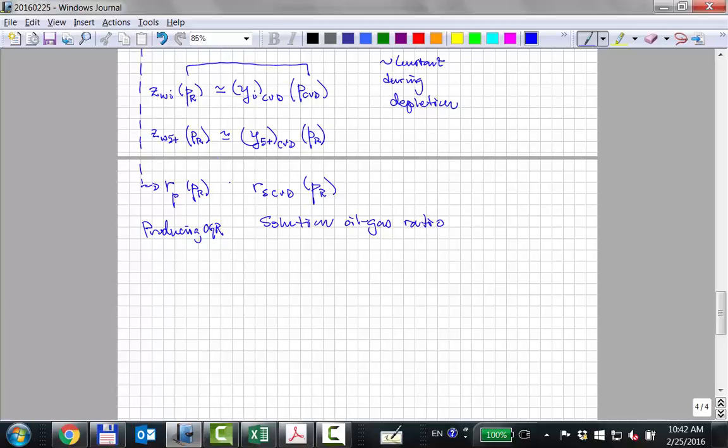So this is going to be approximately equal, but the solution is going to be a little bit higher than the producing. Maybe by 2 to 5%. Okay?